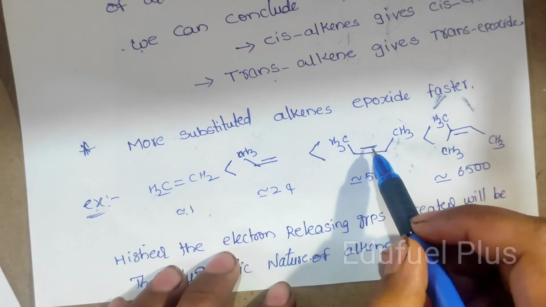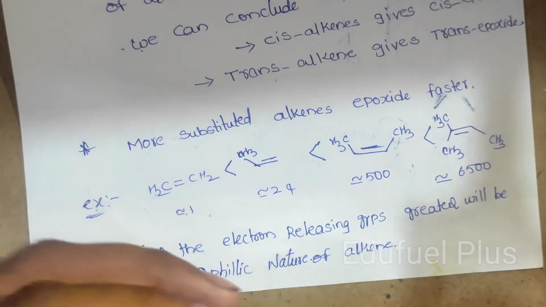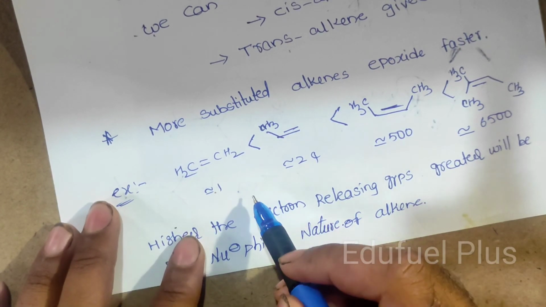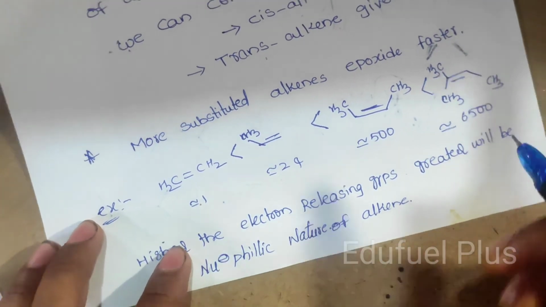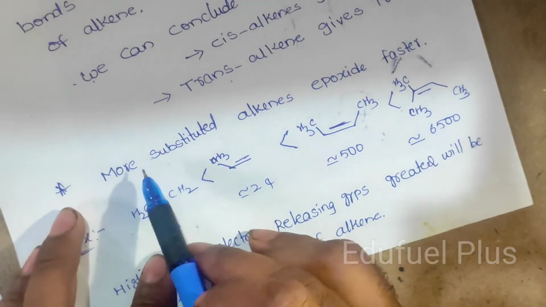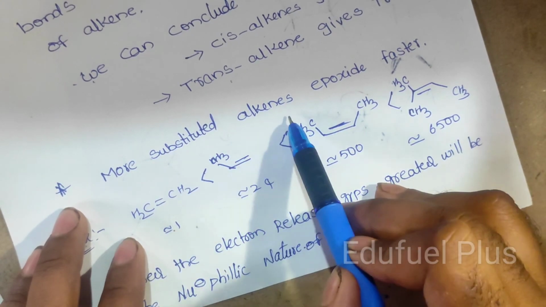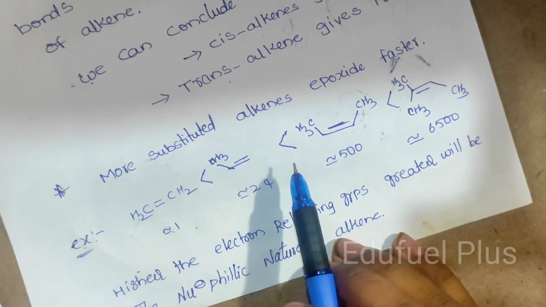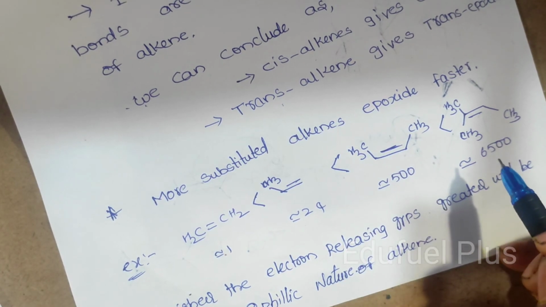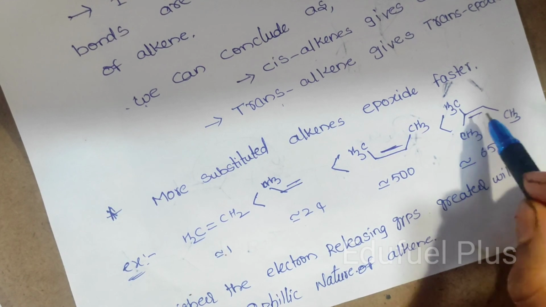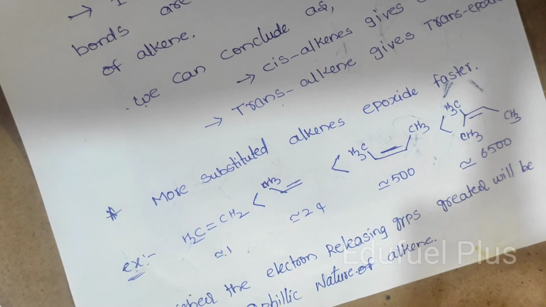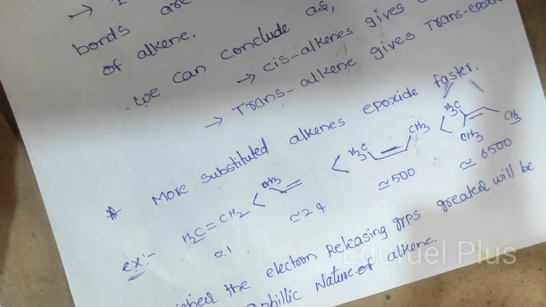So the electron density at this pi bond increases and the nucleophilicity also increases. Therefore the nucleophilic nature is greater for the more substituted alkene. So I concluded that more substituted alkenes epoxidize faster. As electron releasing groups are present on alkenes, the nucleophilic nature increases at this pi bonded center, so the epoxidation takes place very easily. This is the conclusion.